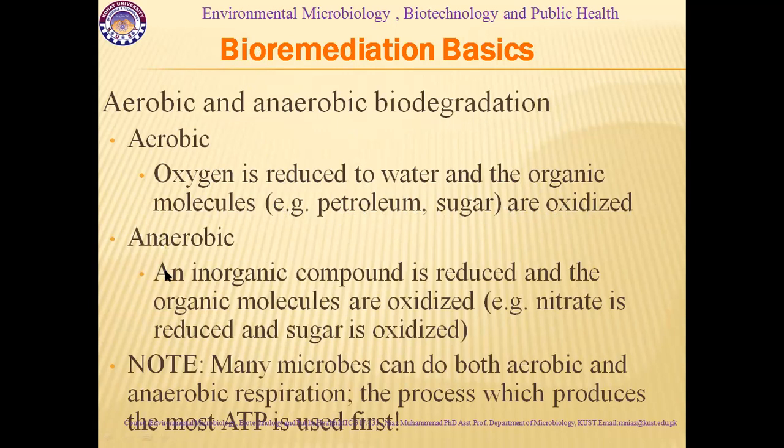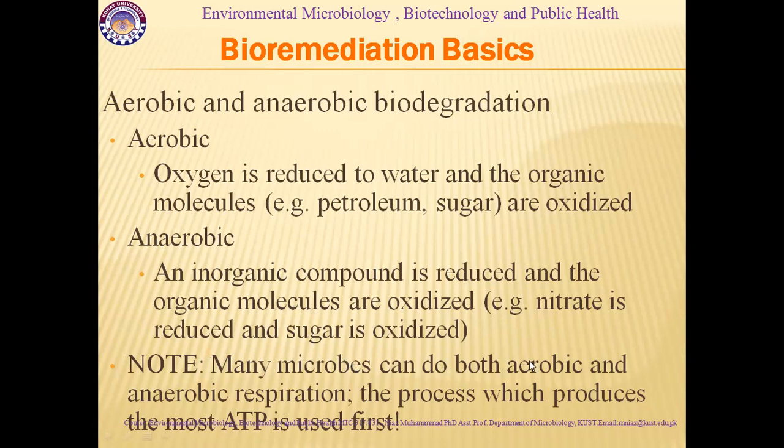In anaerobic, an inorganic compound is reduced and the organic molecules are oxidized, such as nitrate is reduced and sugar is oxidized.